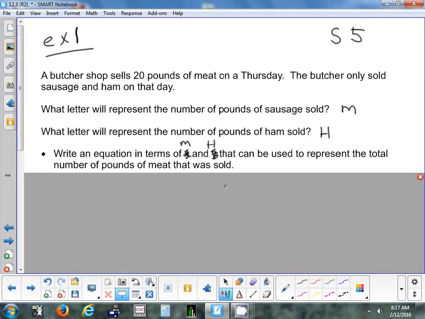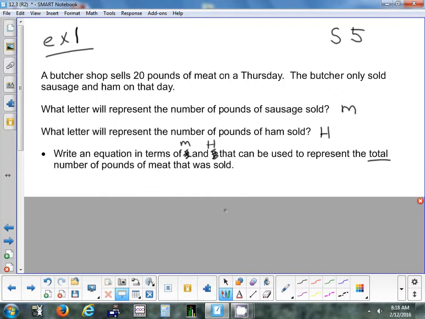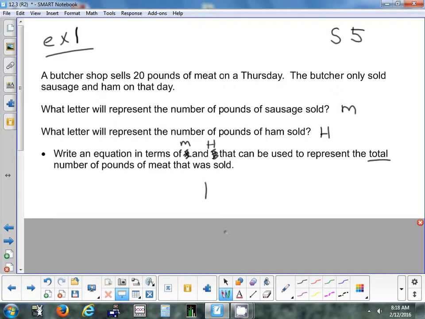It says, write an equation that can be used to represent the total number of pounds of meat that was sold. First of all, when you see the word total, how do you total something? What operation is involved when you're totaling? Addition. Okay, you're adding things up.